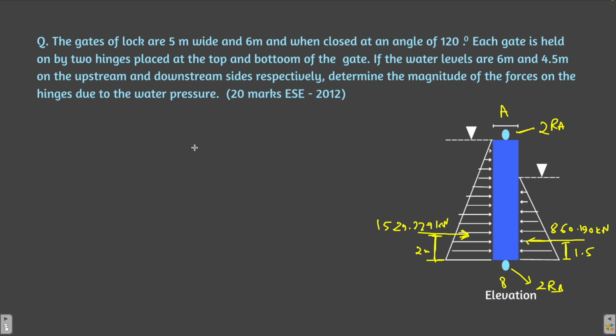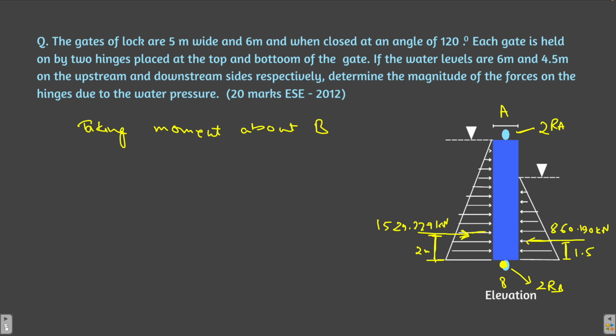That's all. How will you find it out? You have to take the moment either about point A or about point B. So let's take the moment about point B in order to find out the reaction at A. So taking moment about A. Sorry, let's take the moment about B. So this force and this distance about this point is acting in the clockwise direction, right?